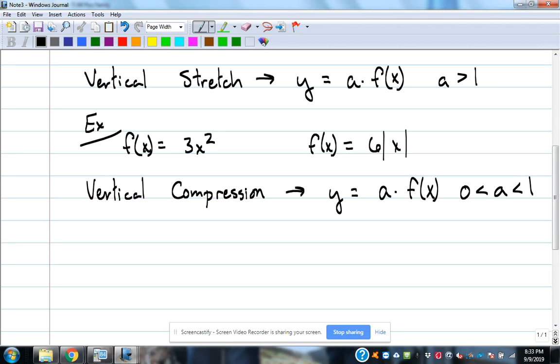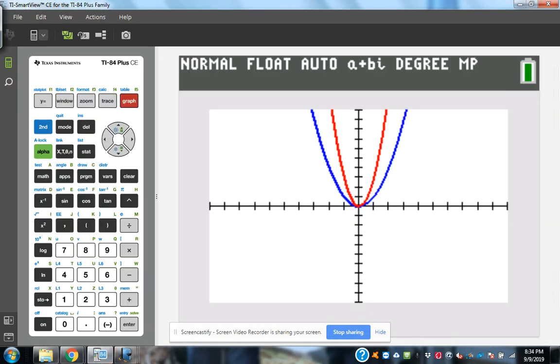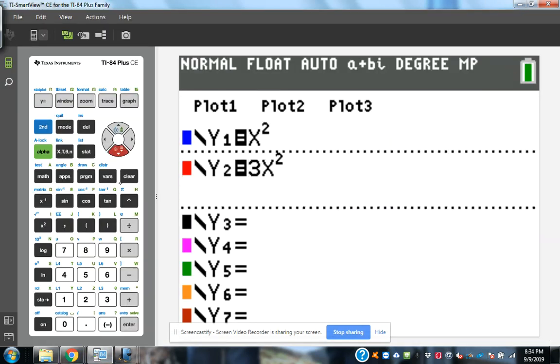Okay. Examples related to the ones that we just talked about. If we took the squaring function and we said 1/3 x squared. If we look at that on the graph, instead of putting a 3 there, I type 1 divided by 3 and then x squared.